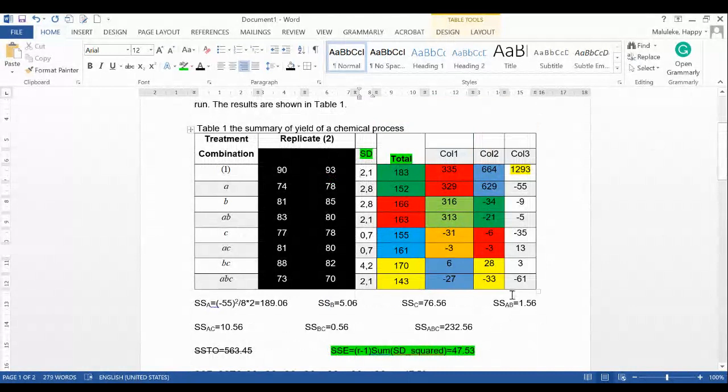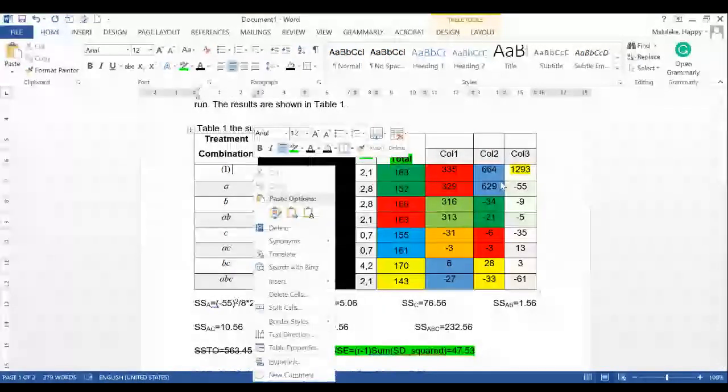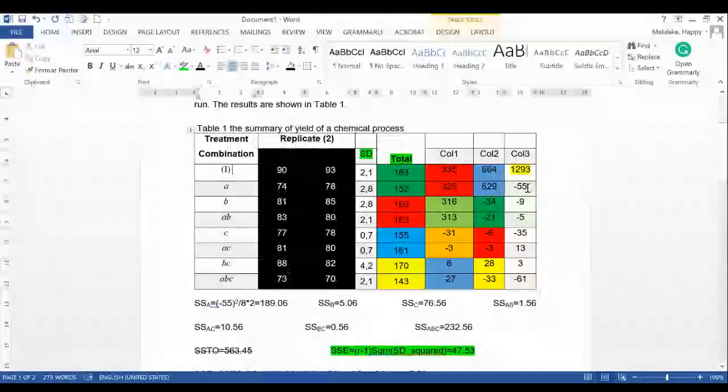You can even try A. Let's just check if we're going to get the same thing. For A, let me create a column here. Let's check if, using the signs, we are going to get 55.